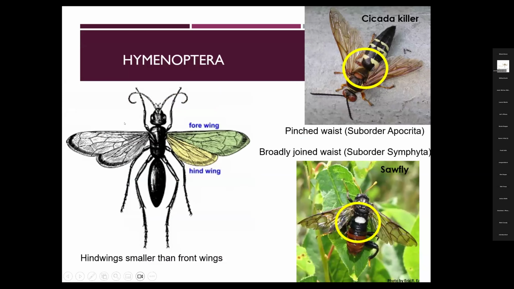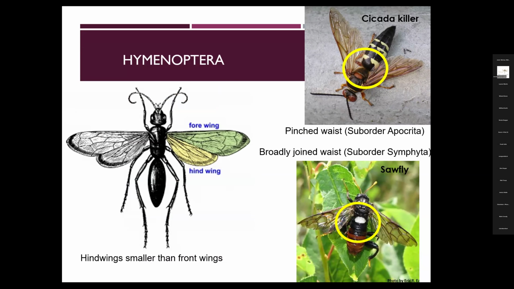Hymenoptera are going to be divided into two large suborders. We have the Apocrita, which is where the majority of the Hymenoptera are going to be. So those are our bees, wasps, and ants. Those are going to be insects that have what we call a pinched waist.